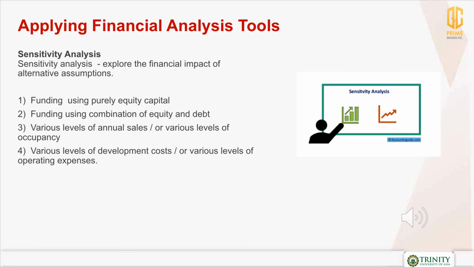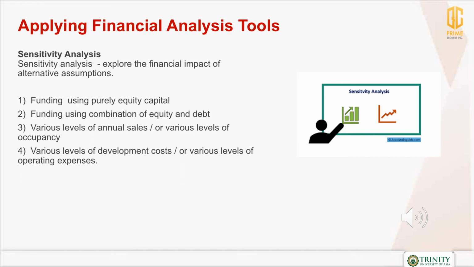Finally, after preparing the financial statements and making an analysis using the different tools, we have to conduct a sensitivity analysis. It is here we explore the financial impact of alternative assumptions. Some scenarios to look at are the following. First, what if the funding used is purely equity capital?